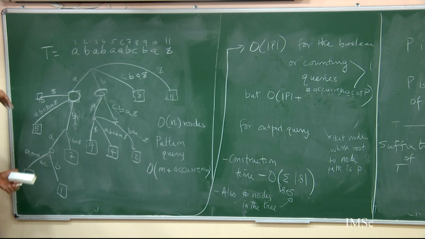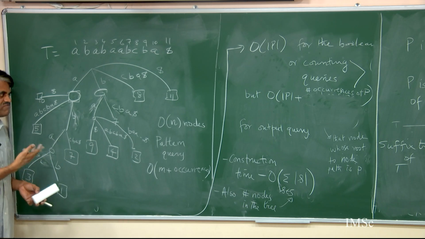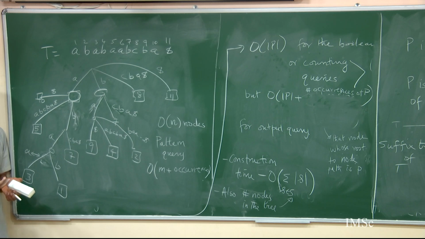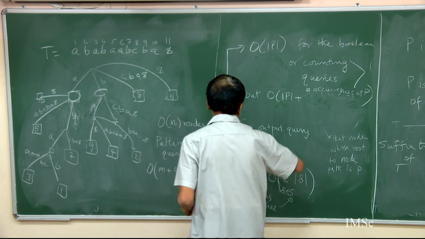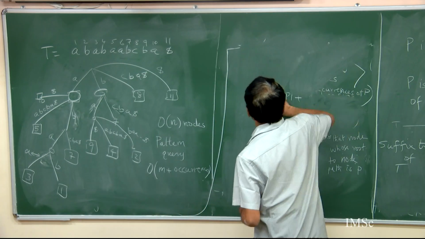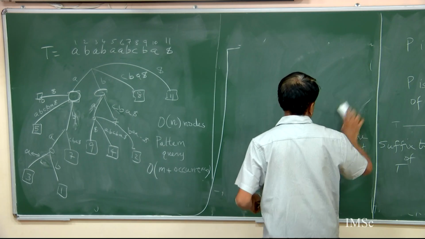Now construction time. Naively, the way I have been doing it, it could be as bad as order n square, but there is a quite a non-trivial construction algorithm which can be done in, there are several.